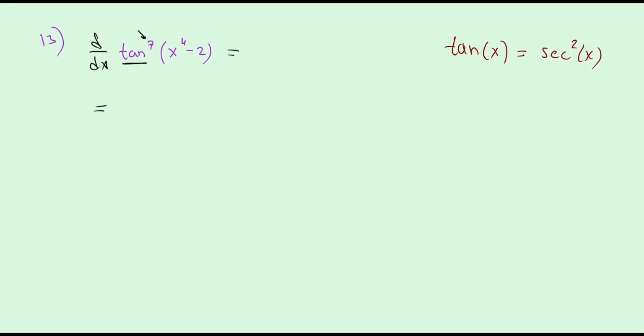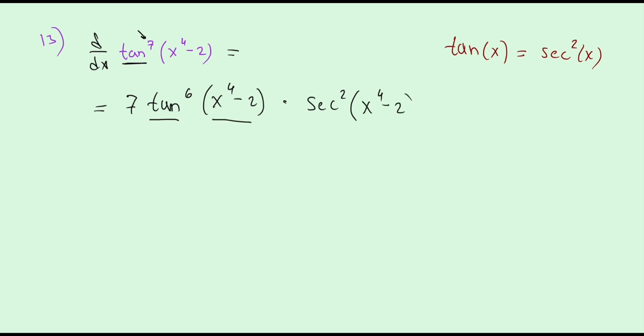So first, let's start with deriving the outer function, which is going to be the power 7. We're going to bring that down, and we're going to have now tangent raised to the 6th power of x to the 4 minus 2. Now we'll multiply by the derivative of the tangent function, which is going to be secant squared of the same function inside, which is x to the 4 minus 2.